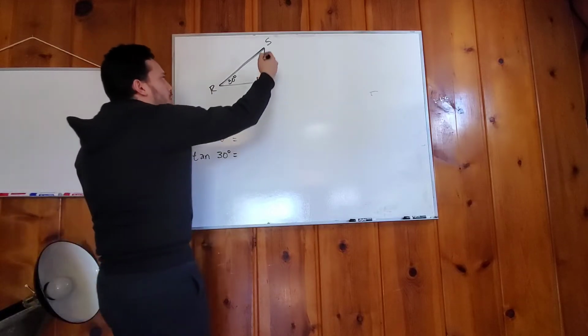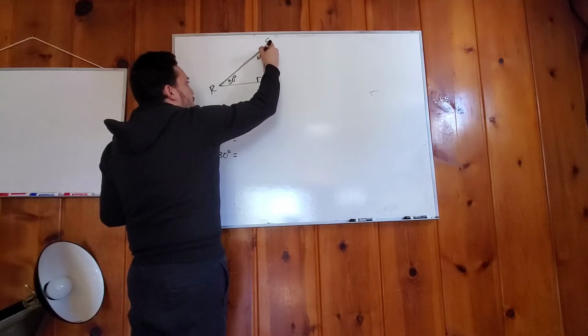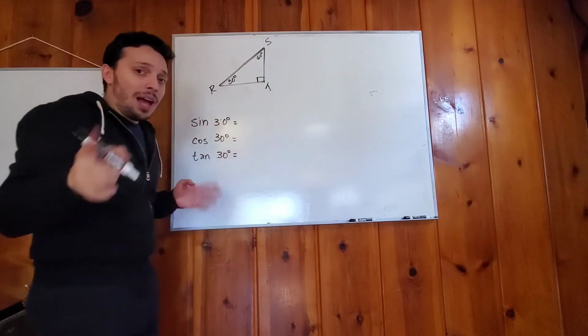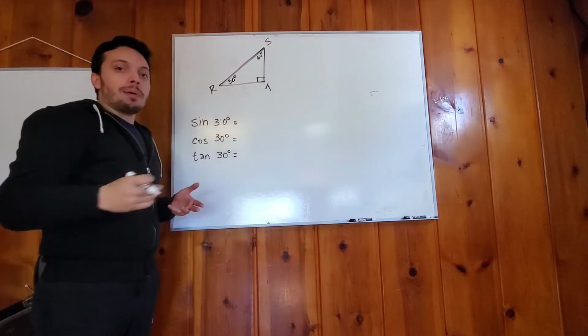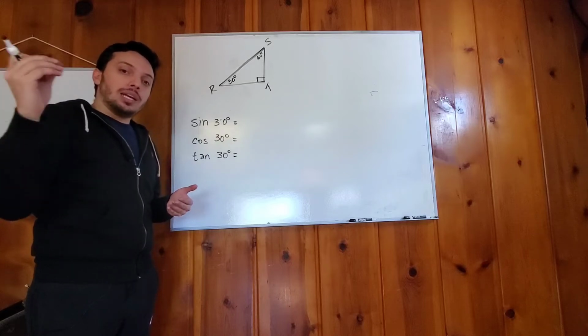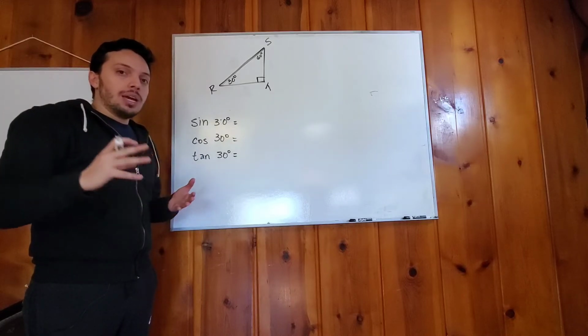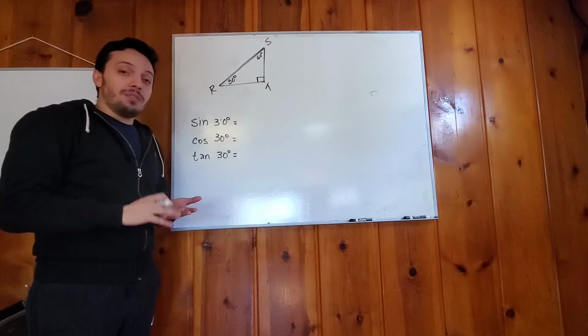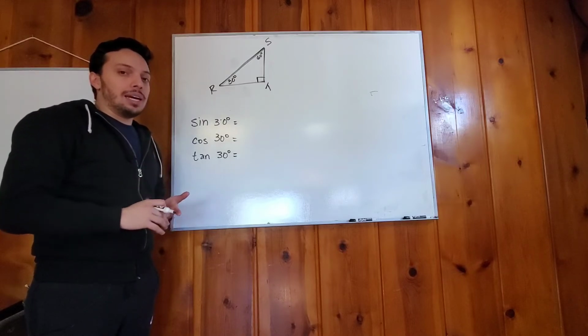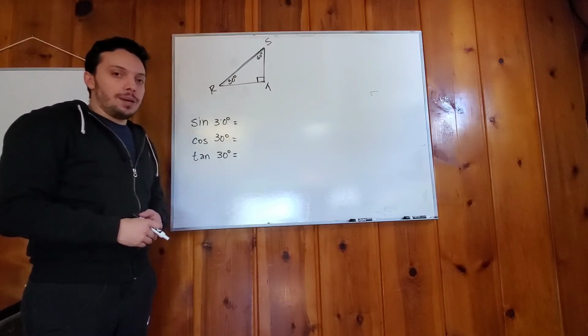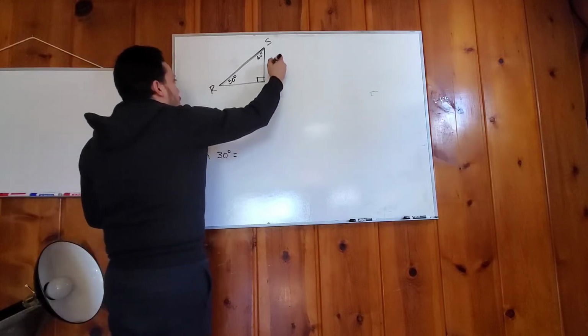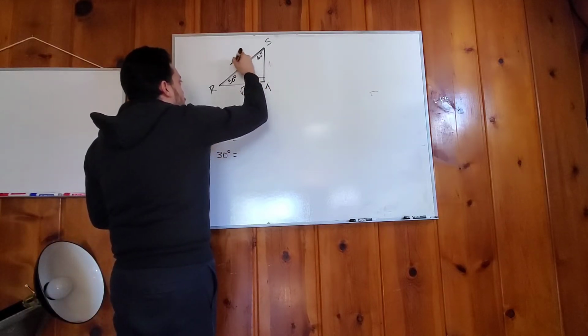Well, the important thing here is to know that this is 60 degrees then, and you have to remember your ratios. Remember back to special triangles, we had a lesson about special right triangles in which we used a 45, 45, 90 and the 30, 60, 90. You have to know those ratios, okay? The ratios are 1, square root of 3, 2.